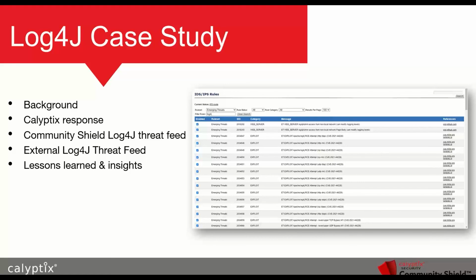Sure. Log4j is a Java logging library, an open source one that is widely used by a lot of different products, hardware and software alike. If you think about it, what could go wrong with logging? You're just writing strings, text to a file, that's it. But many years ago, someone requested a feature to expand certain patterns in the log.